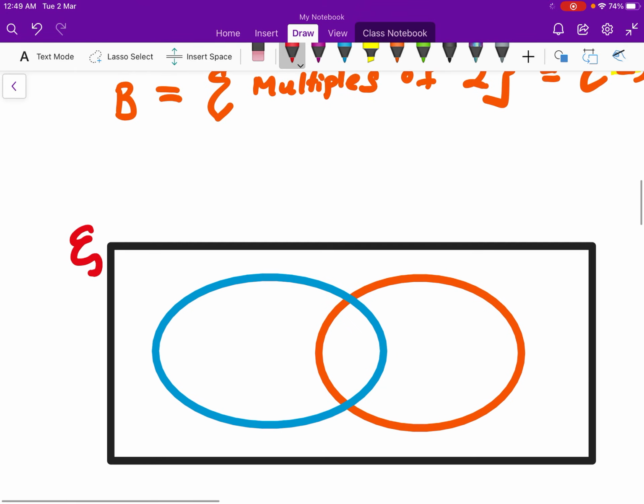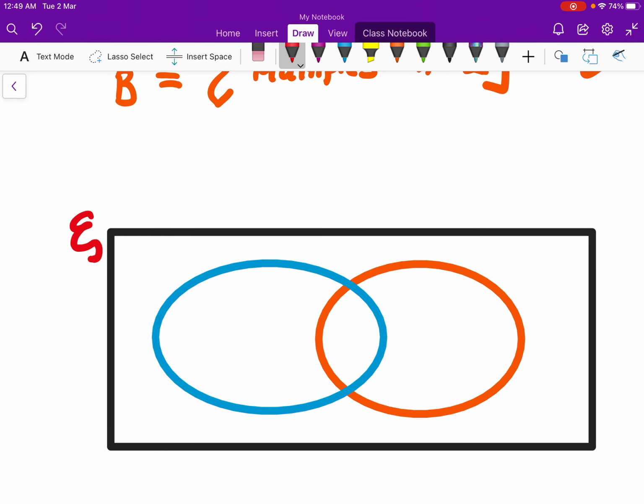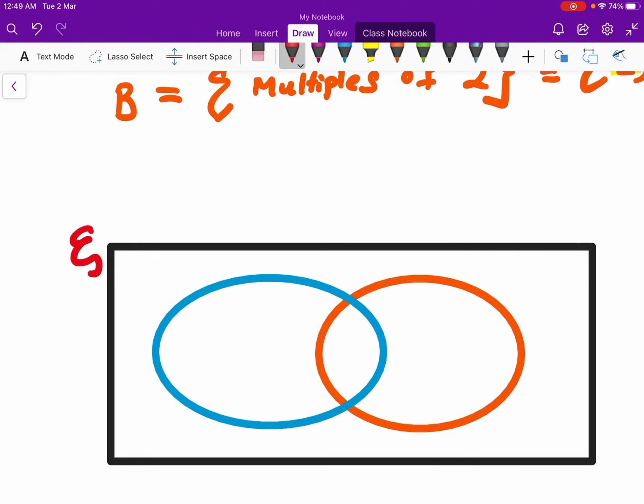I can also represent them in a diagram. This is what I call a set diagram. You can see the blue and the orange circle, and of course our rectangle. This rectangle is our universe.